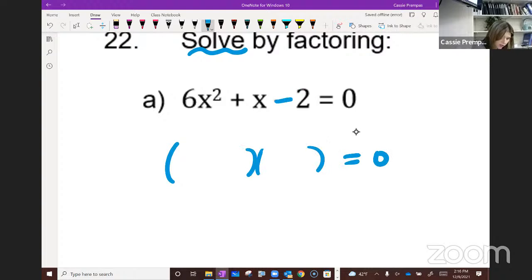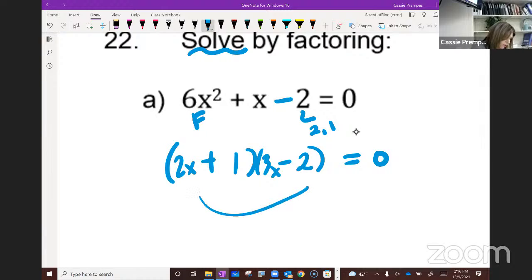The last term's negative, so we know we're going to have different signs, plus and minus. If I undo the F, 2x times 3x would work. And then if I undo the L, if it's 2 and 1, I wouldn't put the 2 in with the 2x because there's no GCF to start with. So I try 2 here and the 1 here, but that would create negative 4x plus 3x. That would create a negative x.